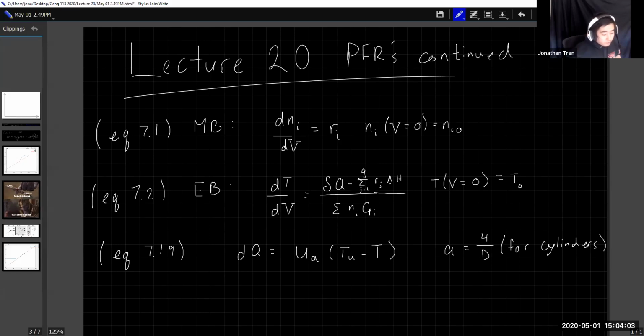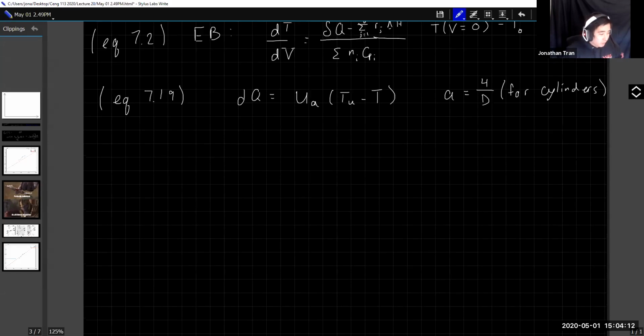For cylinders only. So if you, for some reason, had an oddly shaped PFR, like a PFR in the shape of a rectangular prism, your a value would be quite a bit different. So your Q equation would be different.